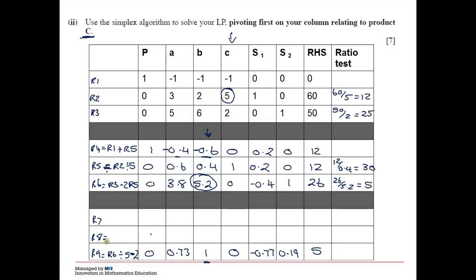Row 8 is going to be our old row 5, and then we're going to have to subtract 0.4 lots of row 9. And our row 7 is going to be our old row 4, and we're going to add 0.6 lots of row 9. So you can see that it's actually a deceptively horrible question. And I will show you something in a moment that should make you feel a little bit better about that.